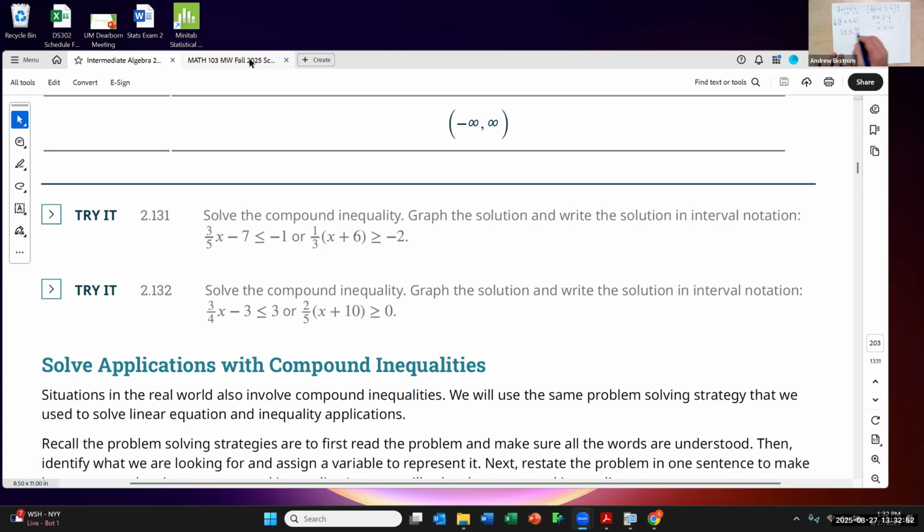Still need to get x by itself. So divide everything by 3. 30 divided by 3 is going to be 10. So if I do have the number line for this, if that's 0, I'm going to say out here is 10. This is telling me x has to be less than or equal to 10.